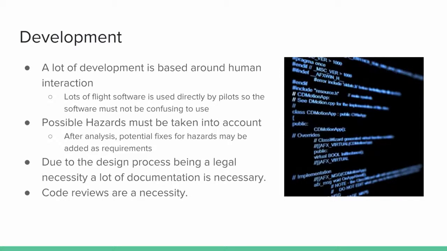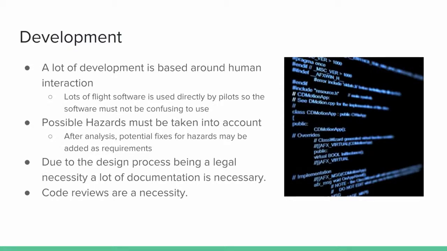It must be easy to see, easy to use, easy to read. They take all this human interaction into account because, to be effective, it has to be convenient. When something goes wrong while you're flying a plane, you don't want to have to figure out how the software works or what it is telling you. You just want to be able to look at it and know exactly what it's telling you and how to use it.